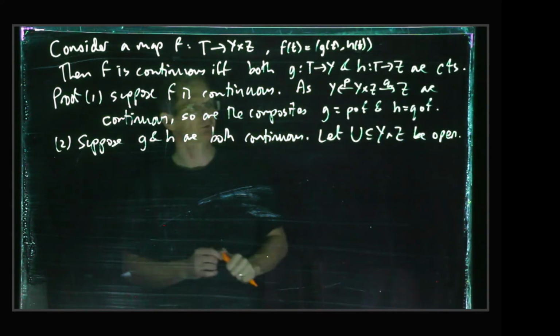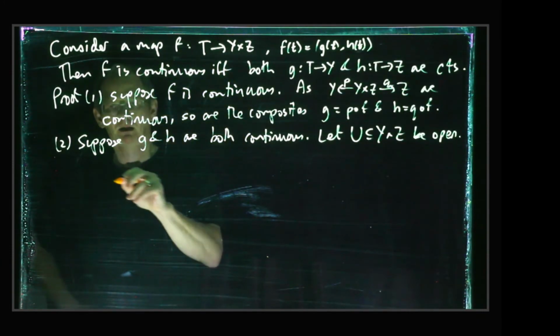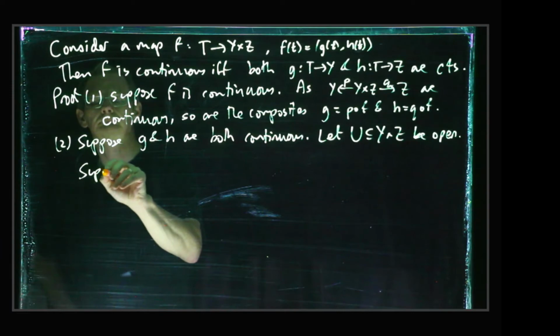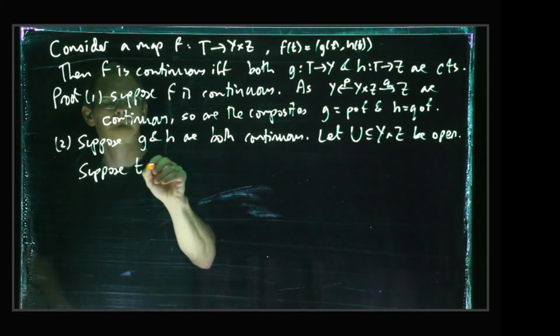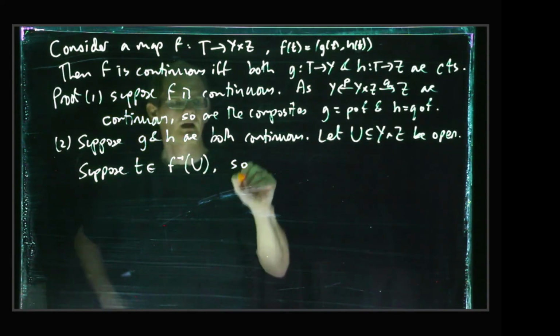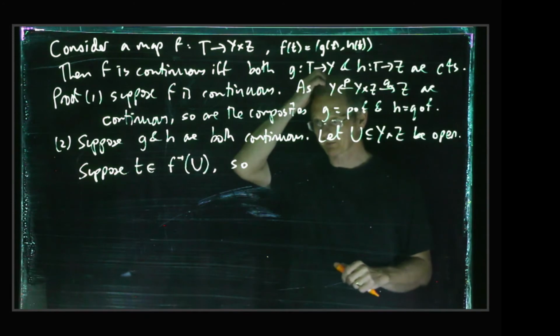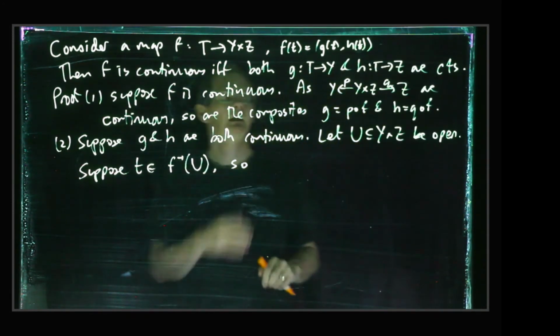Okay, so let's suppose we've got some open set U. Let's suppose that t lies in the preimage of U. We're supposed to be proving that the preimage of U is open. So what does that mean?